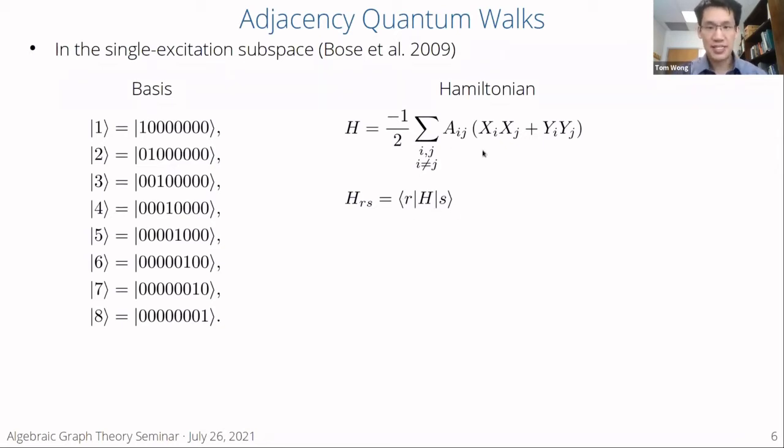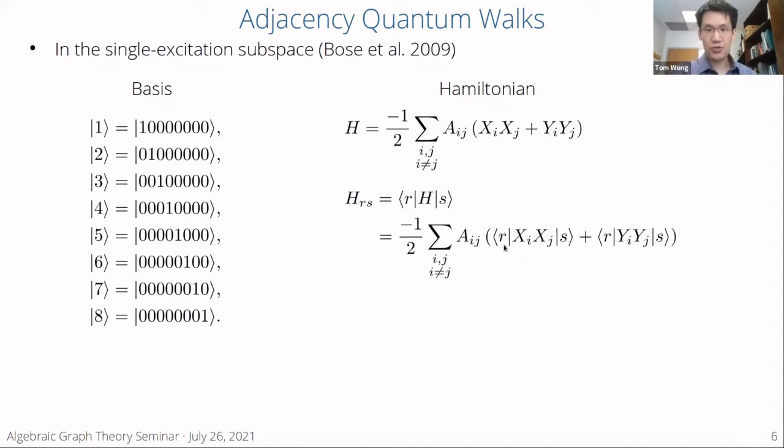And so if we plug in this Hamiltonian and we distribute this R and S inner product, we basically get this here. And if you look at these inner products, most of the time they're going to be 0, but you're going to get 1 when R is equal to i and when j is equal to S. The reason for that is, let's say R is 1 and S is 2.